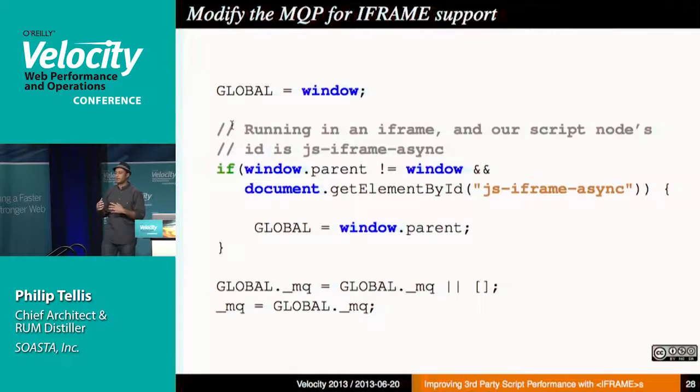So the script can detect whether it's running within the iframe that it expects to run inside. And we have to do this because there's cases where our script is going to run inside a window that's itself running inside an iframe because that's the way the customer set it up. So we need to be able to know which iframe we're running inside. And if that is true, then get a handle back to the parent window. Now, since we're in the same domain, we can do that.